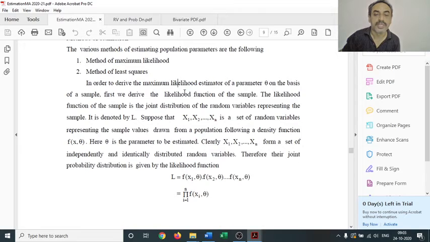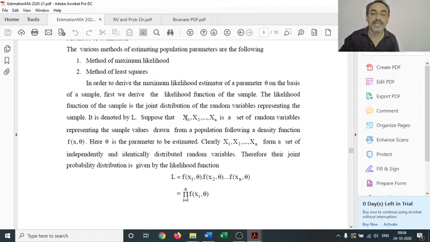In the likelihood function, x1, x2, etc., xn are the random variables considered, and these random variables actually represent the sample. In the likelihood function, the joint occurrence of the values of x1, x2, etc., xn is considered. So the likelihood function is a multivariate probability distribution, and the variables considered in that distribution are the variables representing the sample.